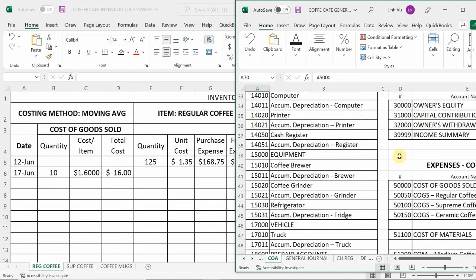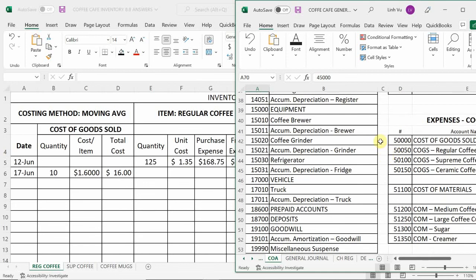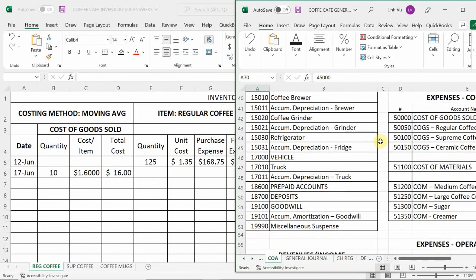Now let's take a look at my cost of goods sold. So it'd be cost of goods on the regular coffee, and that's expense, so that'd be 50,050, and the Supreme cost of goods would be 50,100. Good.